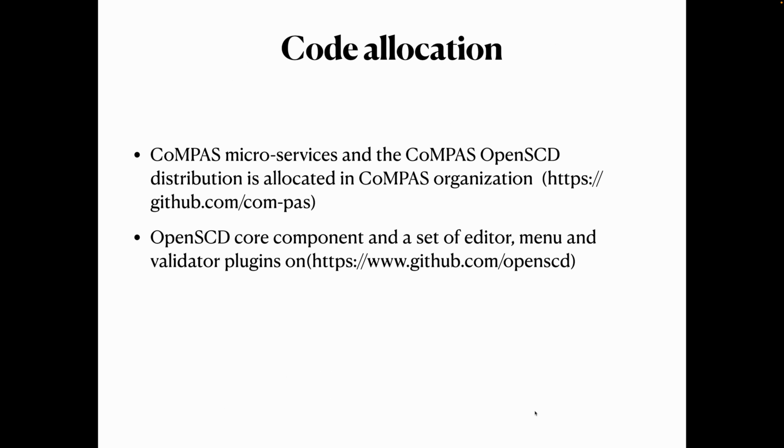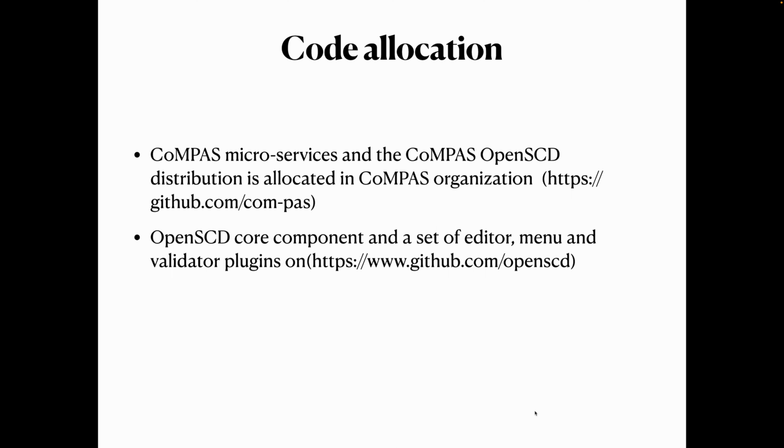And you might also ask yourself, where is the code allocated that I was talking about? So all the CoMPAS microservices, all the backend services, and the plugins that allow access to those are allocated in the organization CoMPAS. You can find it on GitHub under com-pas.